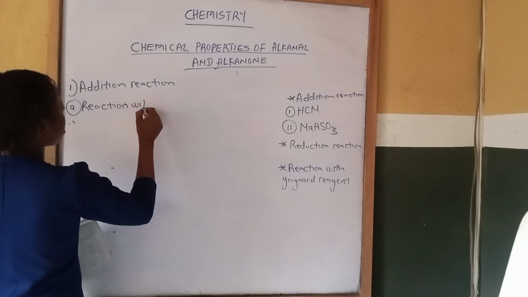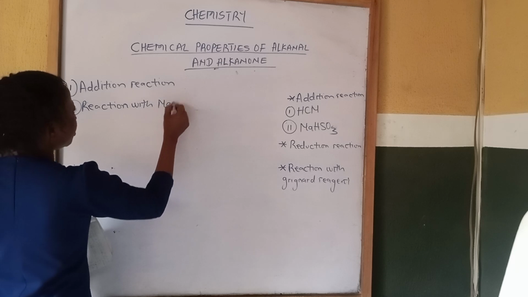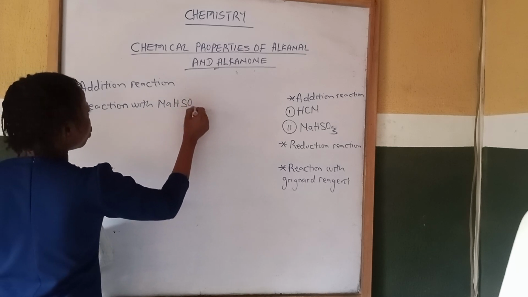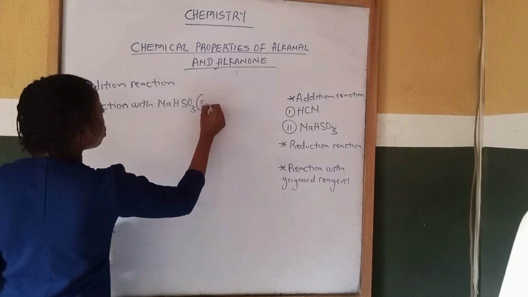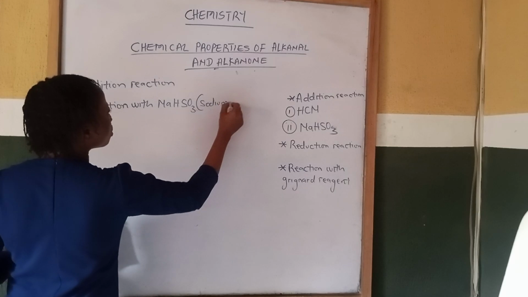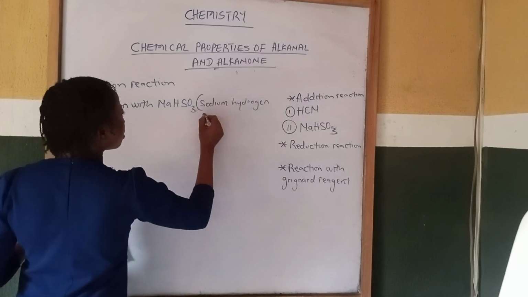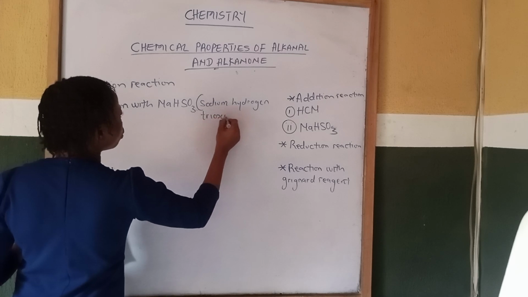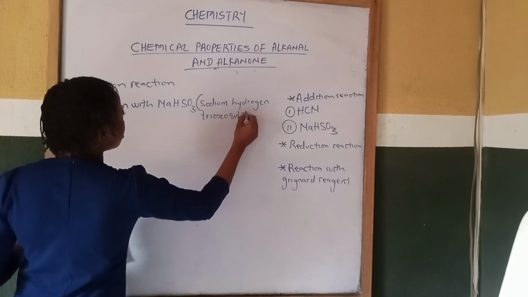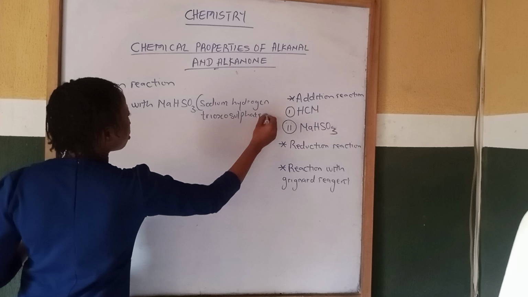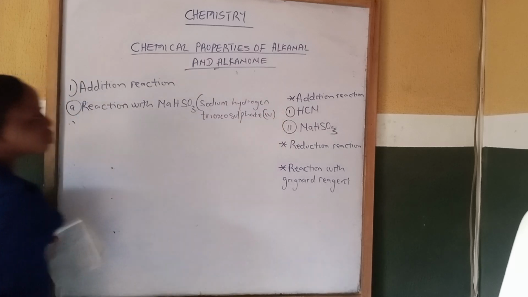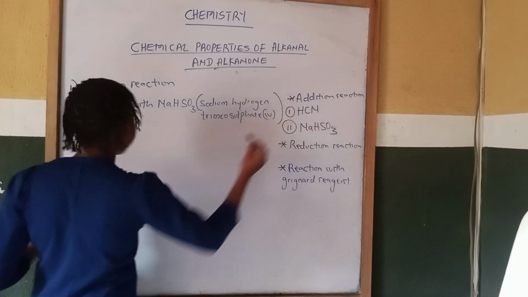Reaction with NaHSO3, which is called sodium hydrogen trioxosulfate(IV).